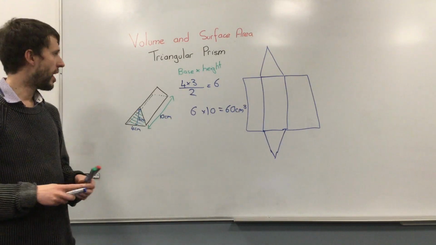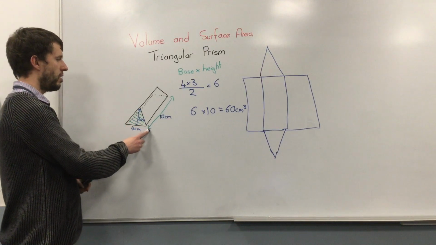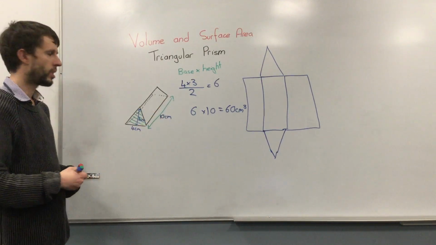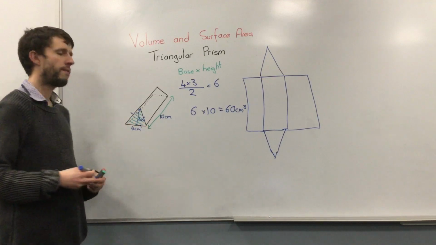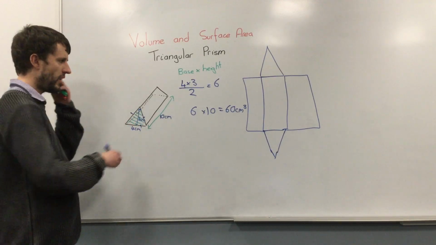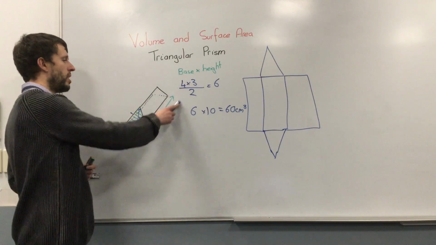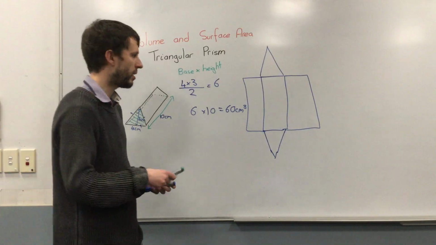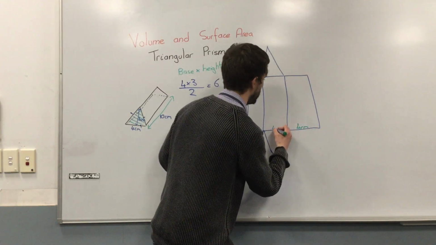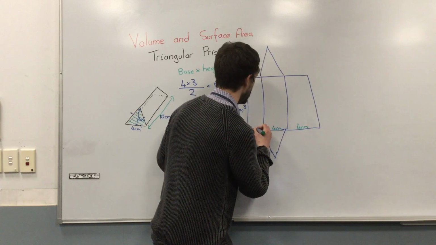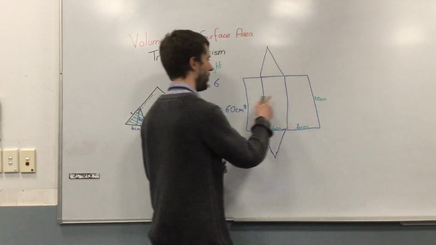Now that I have a net, I need to think about the size. And here I know that this is 10. And I know that this here is 4. So because I know that my width is 4 centimeters and I know this is 10, that's just telling me that this is 4 centimeters, this is 4 centimeters, this is 4 centimeters, and this is 10 centimeters.